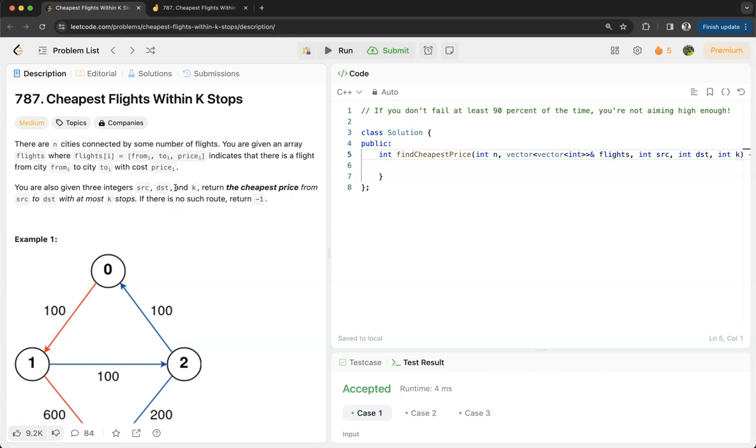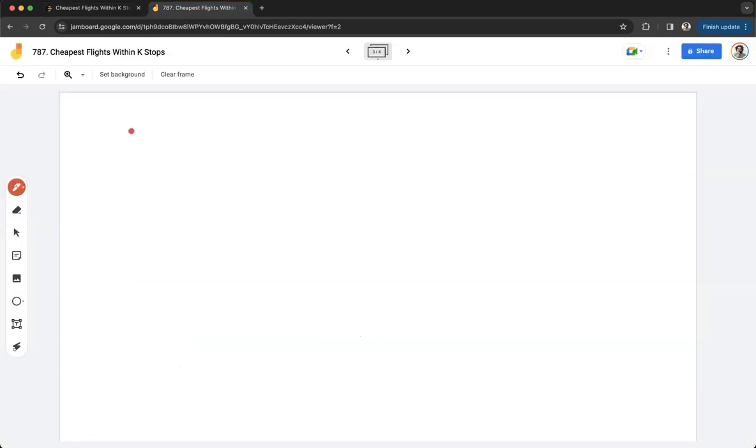So let's say we have a function that can calculate the distance, and that function is called dist of node and k, which is actually calculating what the problem is looking for, going from SRC to node with at most k stops. So now let's think about this recursively. And what I mean by recursively is that we can solve this problem based on smaller subproblems.